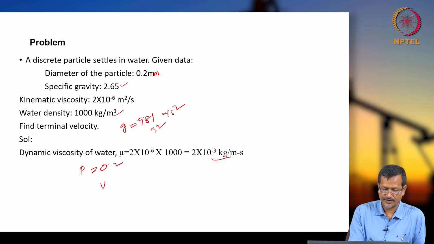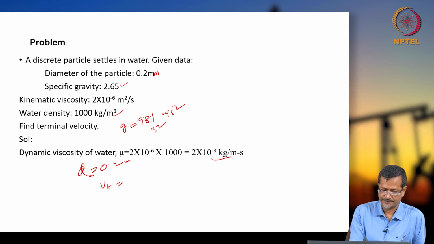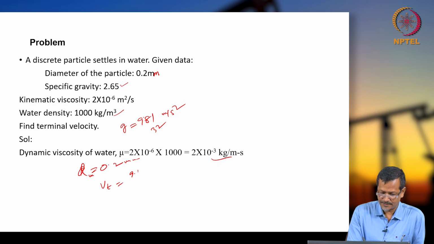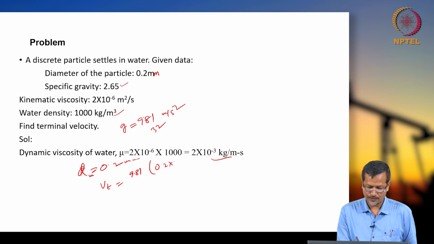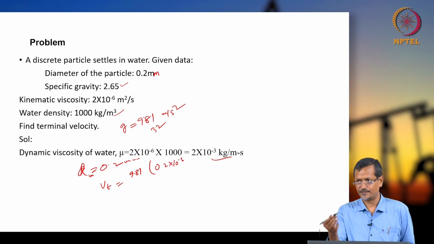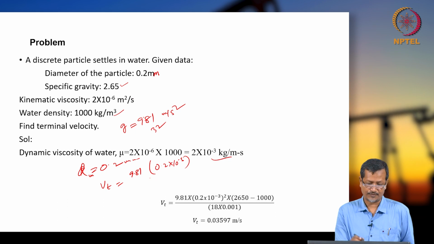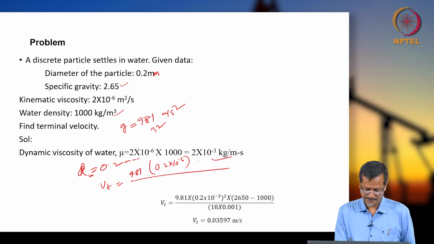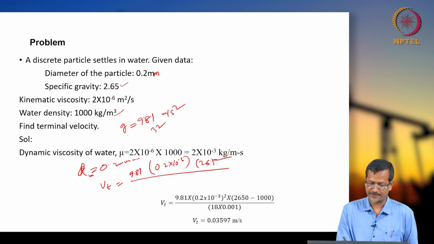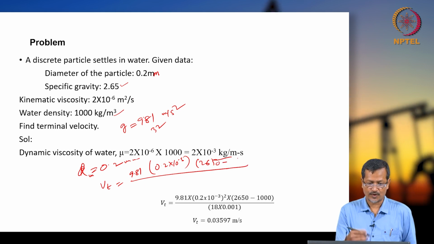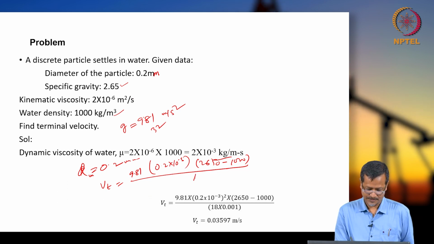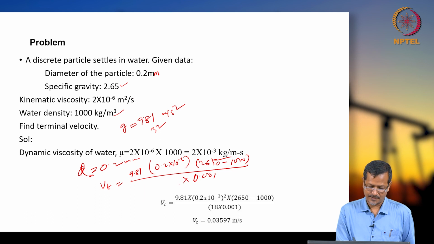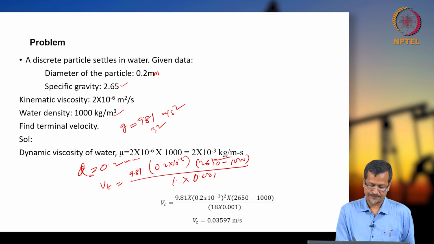So terminal velocity Vt, this is diameter dm. Vt will be 9.81, if you see the previous formula, then 0.2 into 10 power minus 3, the millimeter value given, so you have to convert it to meter because you are calculating in SI units, and then 2.65 is given minus water 1000, and viscosity 0.001 into 18, sorry, 180.